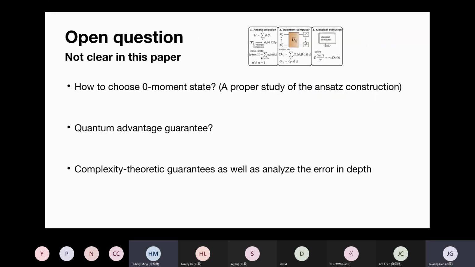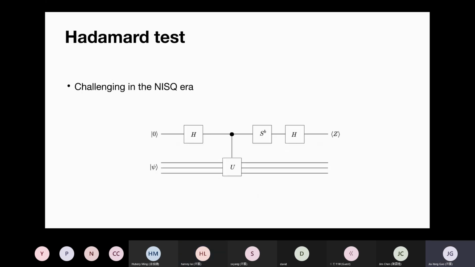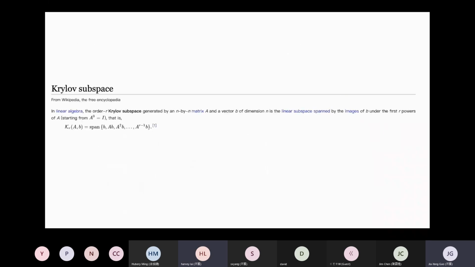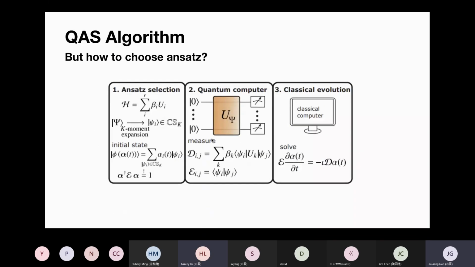Yeah, please. I have a little question. In the classical part, you need to calculate the epsilon matrix. Maybe I go to this part. So you mean these two matrices?